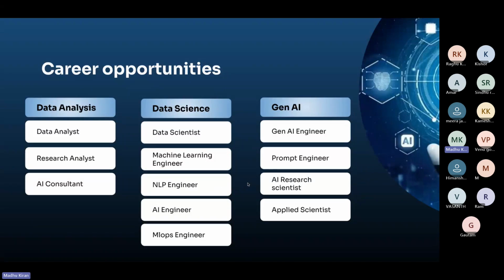If someone is working completely with image data and has project experience with image data, like object detection, they can choose computer vision engineer. Usually we don't get these roles directly. Once you join as a data scientist or AI engineer, then depending on specialization, you go to these roles of NLP and computer vision engineer, or maybe with a master's degree or PhD we can apply directly to these roles.